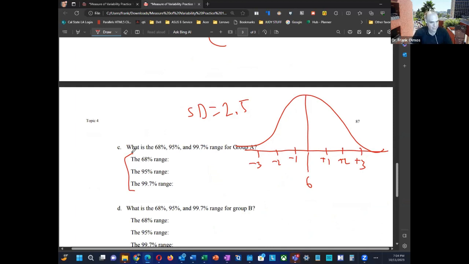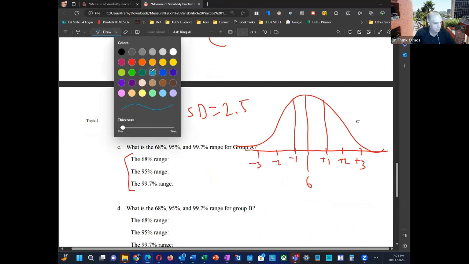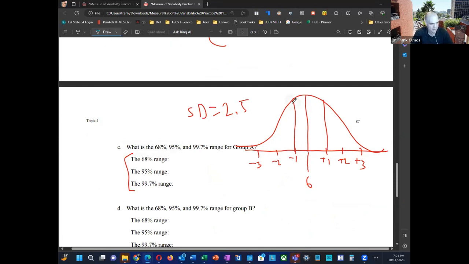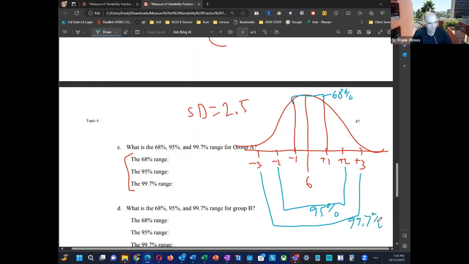From here to here is 68%. From here to here, it's 95%. And from here to here, that's going to be 99.7%. Now it's asking for the range.